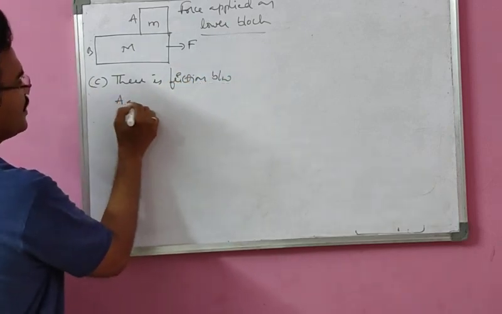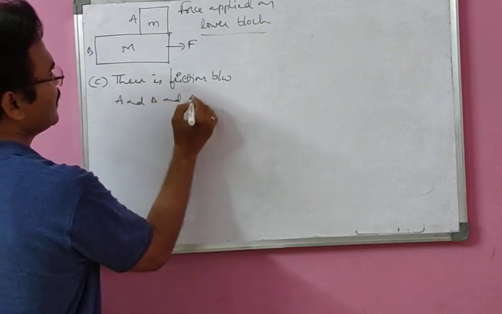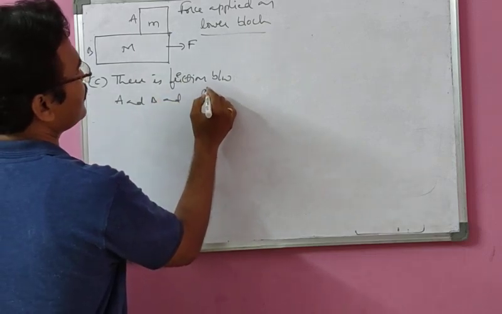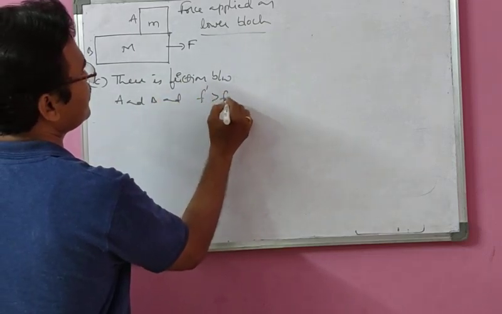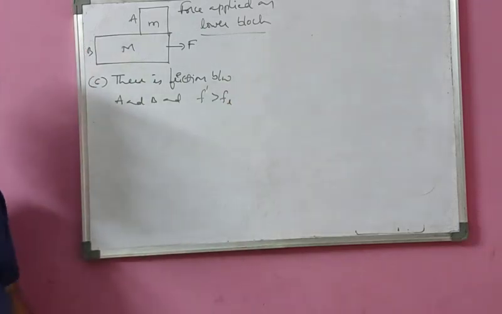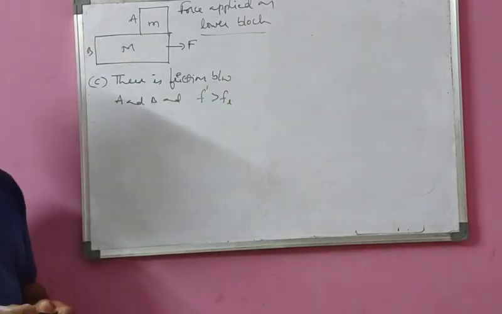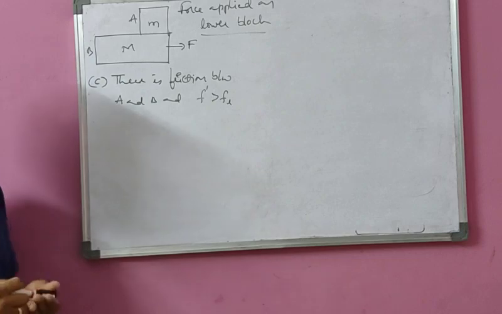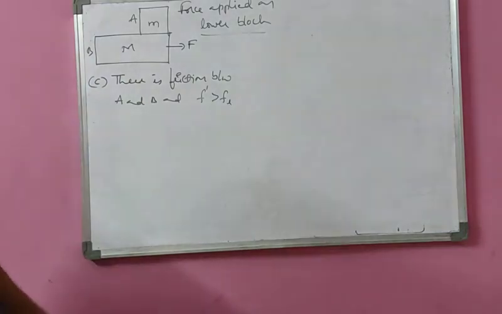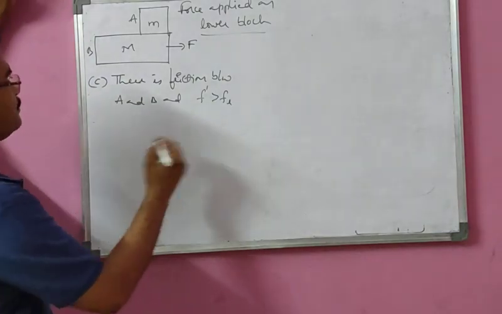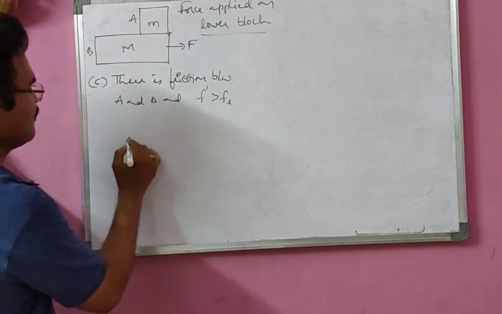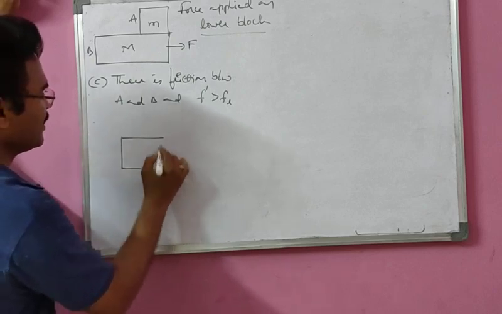There is friction between A and B, and F dash is greater than FL. That is, pseudo force is greater than FL. What happens here? Let us see for the upper block. I'm drawing the FBD of the upper block here.